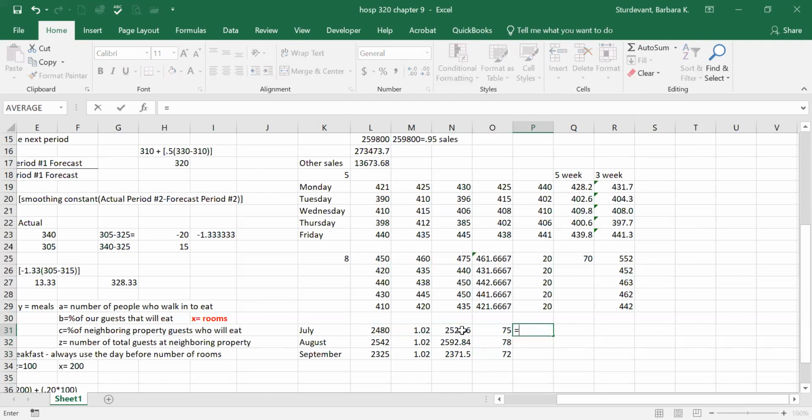So all you're doing is taking this and multiplying by this. And so our total would be those. Okay, that one is pretty simple.